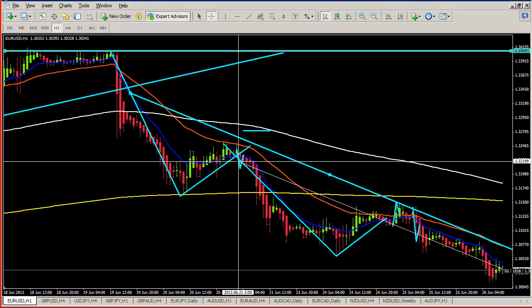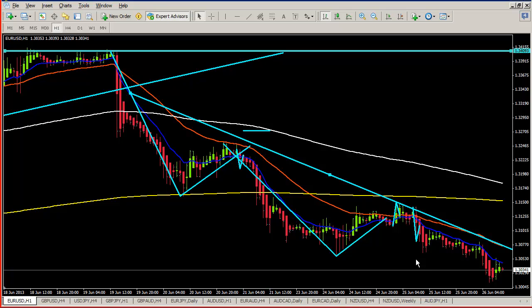Then it retraced, and right now it should be like 180, 190 pips. So with a 20 pips stop, that's 10 times the value of the stop with the remaining part of the position. Yeah, and that's how you do it.